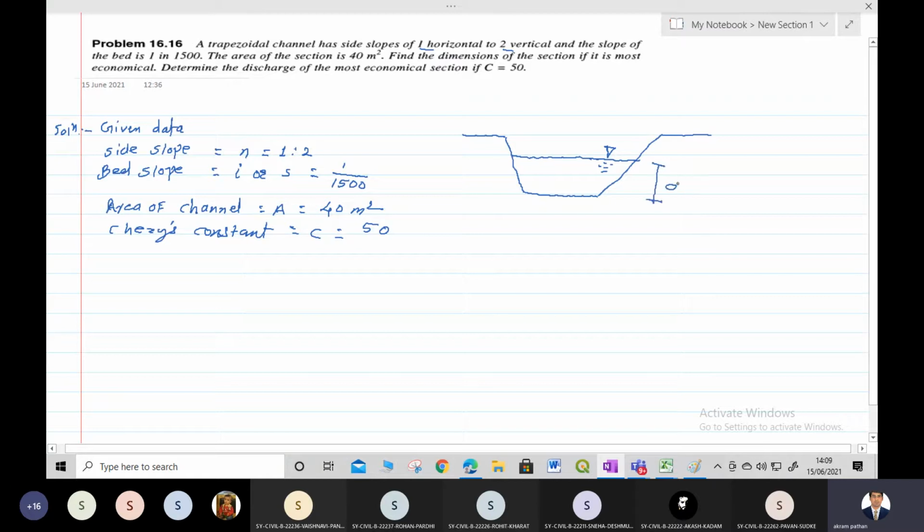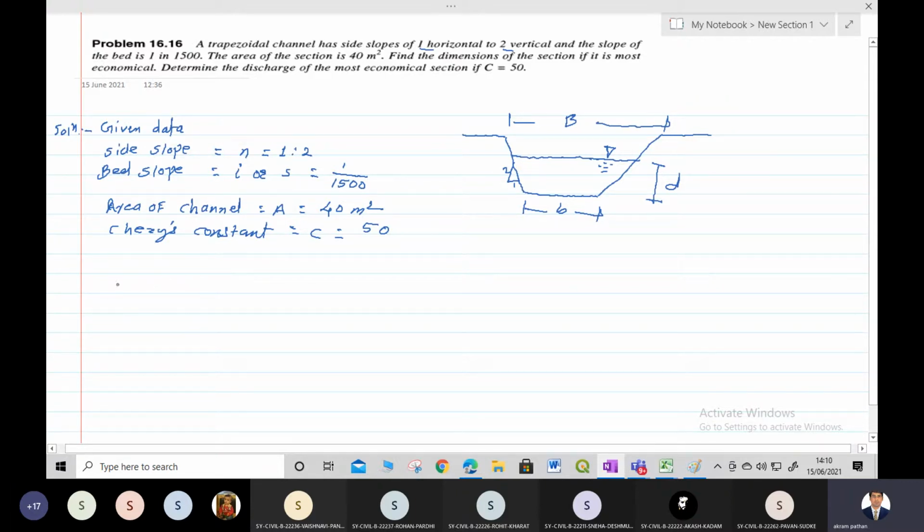We have to determine the depth of flow, the bottom width b, and the top width capital B. And the side slope is given as 1 horizontal to 2 vertical. So this is the given data.